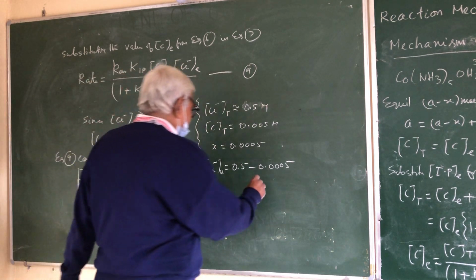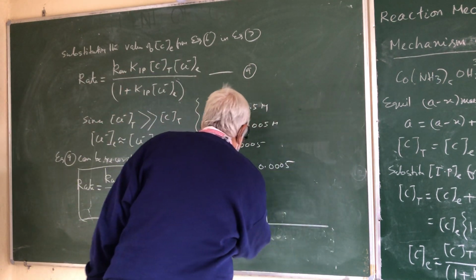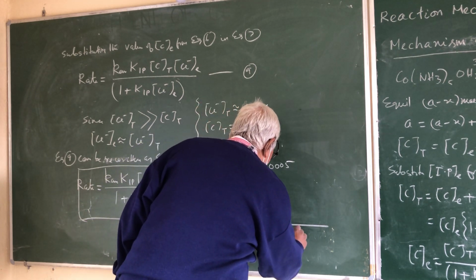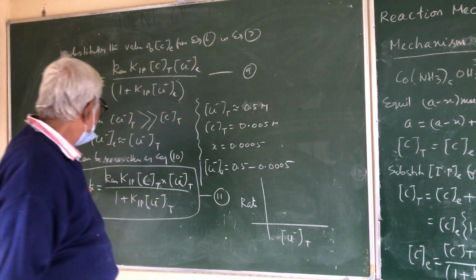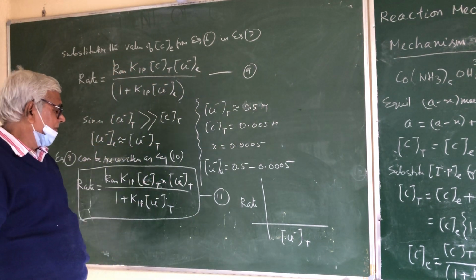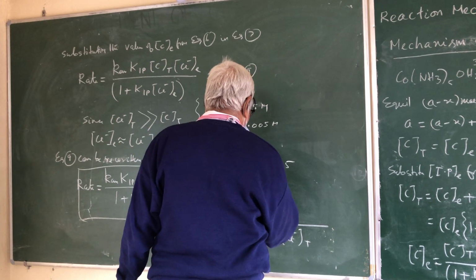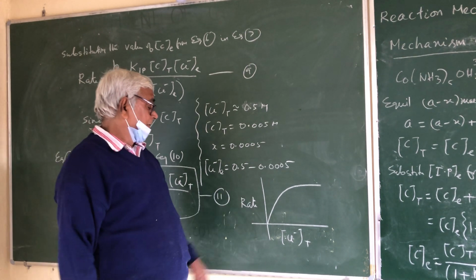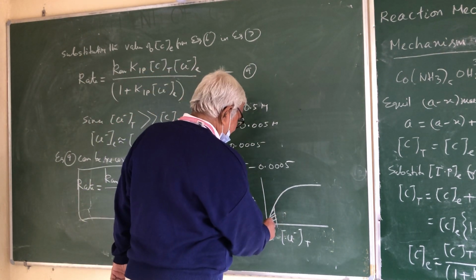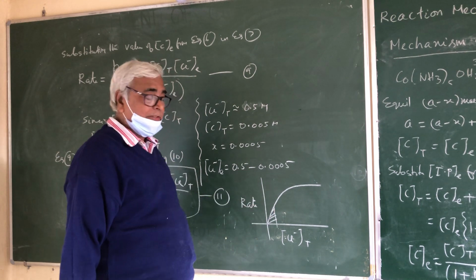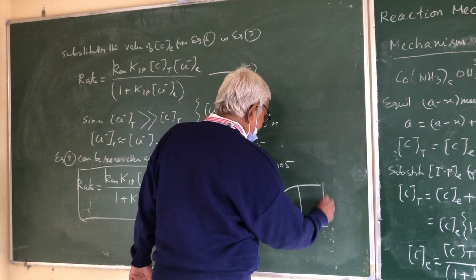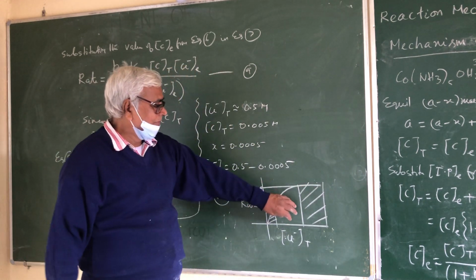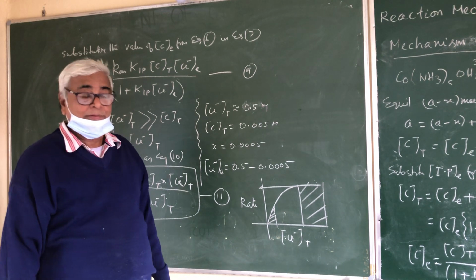So if you plot rate versus chloride total at fixed complex total, the plot will be like this. At the initial stage, when the chloride concentration is low, the reaction will show first order dependence. At high chloride total, the reaction will show zero order dependence. In between, the reaction will be fractional order.